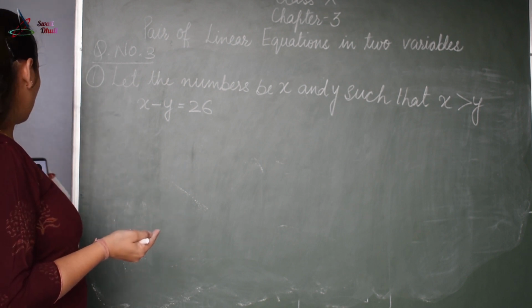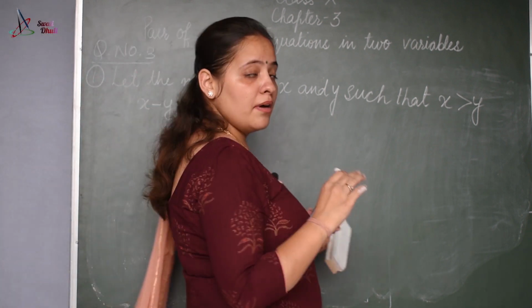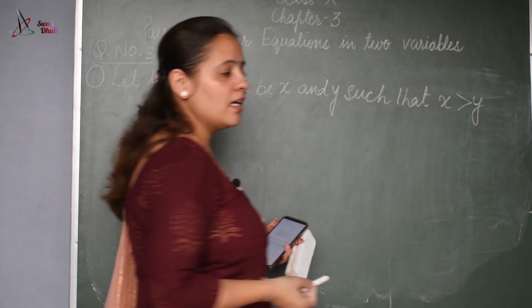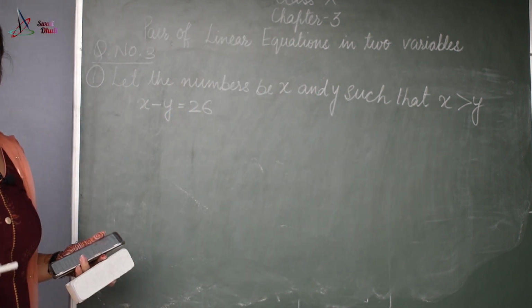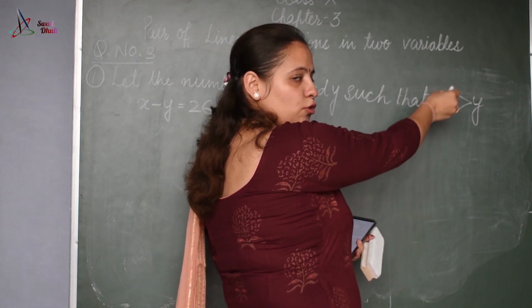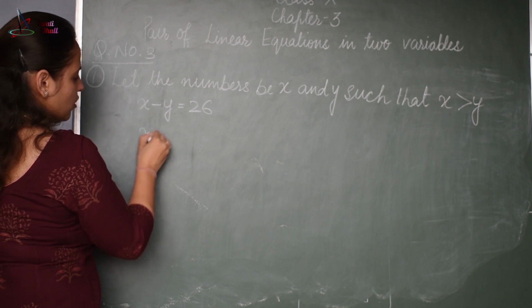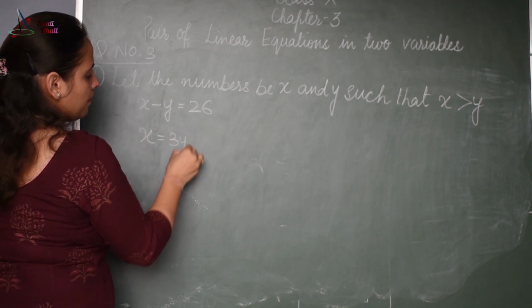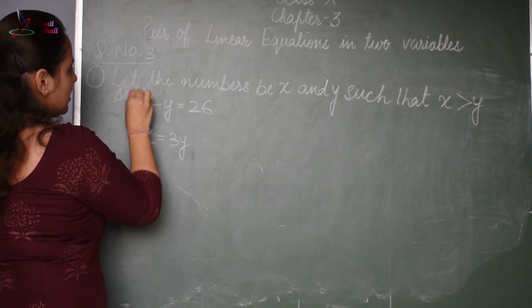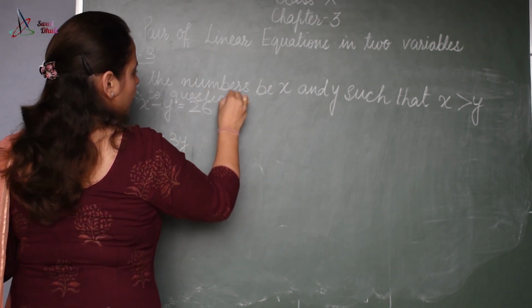Then the condition is one number is 3 times the other. Obviously, the larger number should be greater one. Whatever I have considered, that is larger number, so this must be greater than y. So the second equation will be x is equal to 3y. These are two equations according to your question.